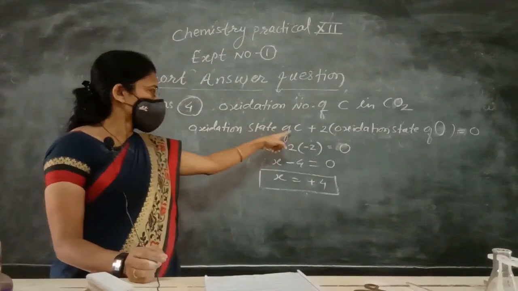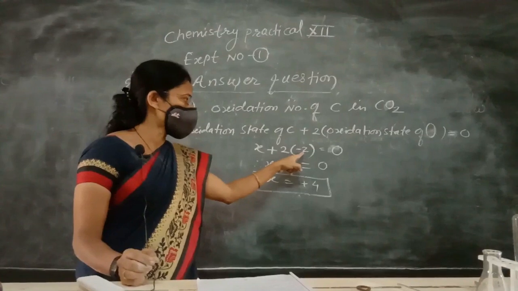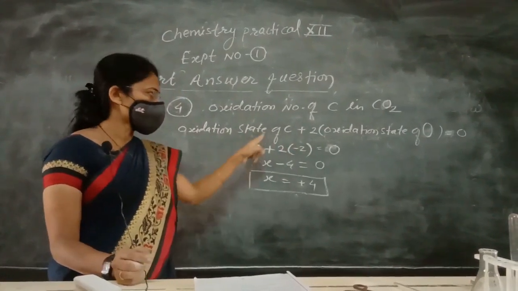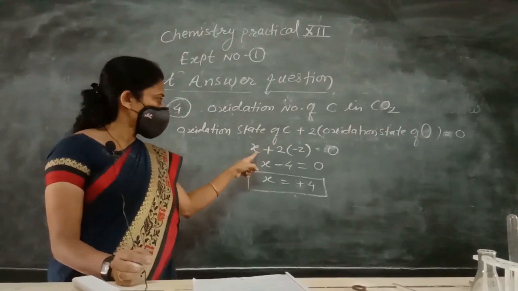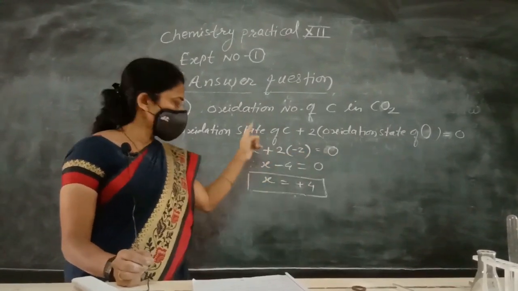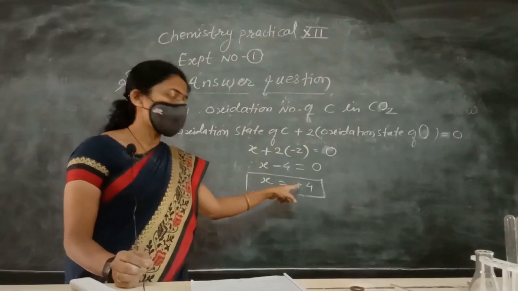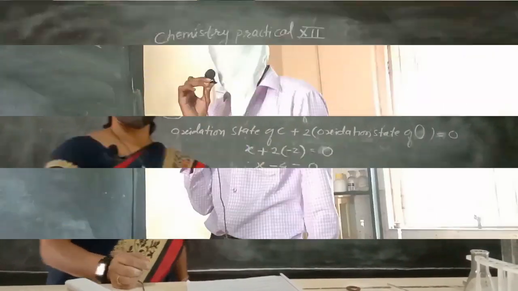We know that the oxidation state of oxygen is -2. So here I put the value -2, while that of carbon we have to find out. So x plus 2 into -2 is equal to 0. Finally we get the oxidation state of carbon is +4.